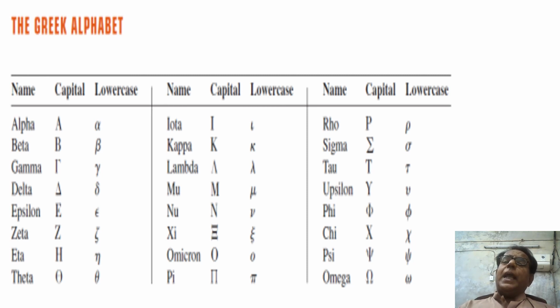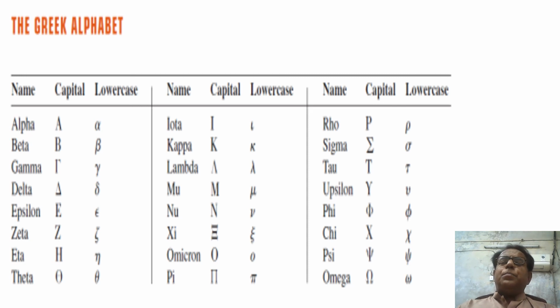Alpha, beta, gamma. Dear students, for alpha, beta, gamma, mostly lower case is used, and sometimes capital case is also used.